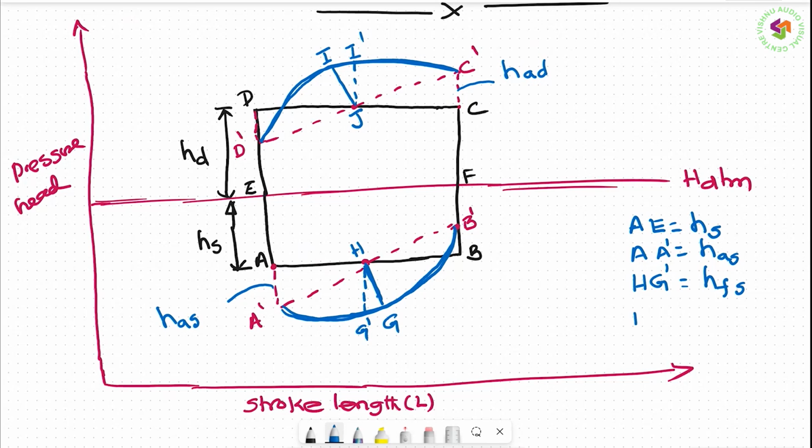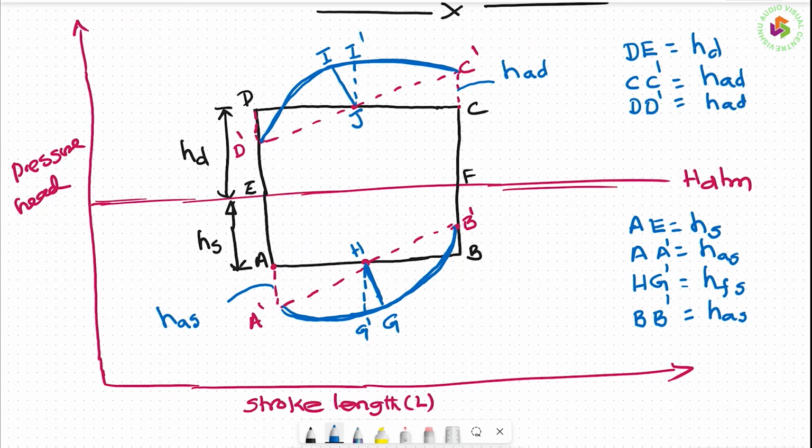Similarly, BB dash is equal to HAS. Okay. So this completes. Here, let us take it. TE is equal to HD. And similarly, CC dash is equal to HAD. Similarly, D dash is also equal to HAD.